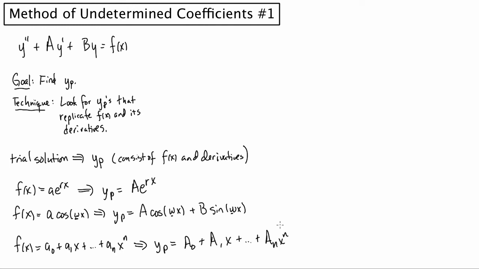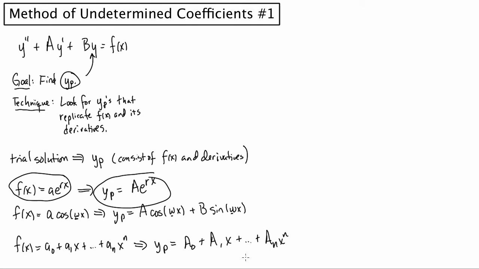And so you see, in each case, we're basically going to be looking at what f of x looks like, and then to determine what our solution y sub p is going to be. And then the whole idea is we take this y sub p, plug it in, see if it works. In other words, we figure out what these constants A and B and a0 through an all have to be to make this process go.